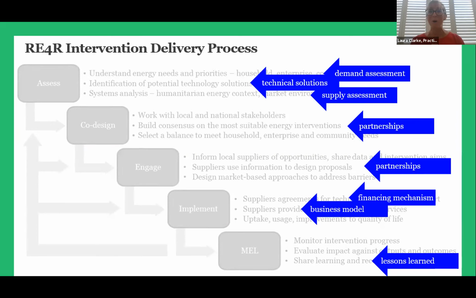So I've just tried to signpost the structure for this workshop onto the process that we followed through for RE4R. So that's a quick mapping across of what we actually did.